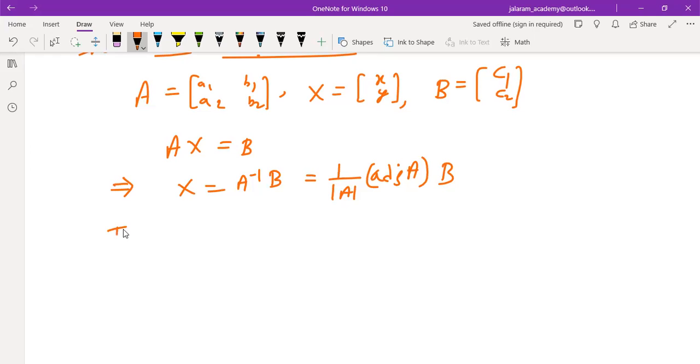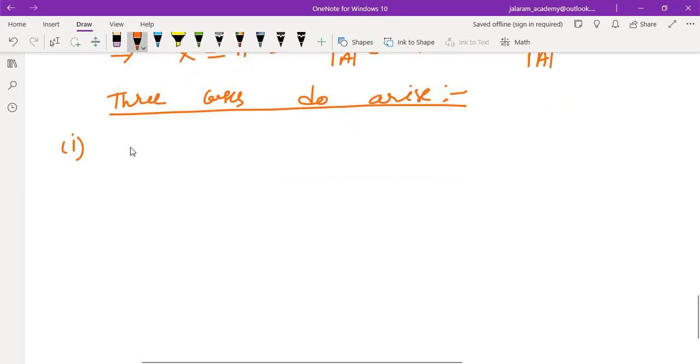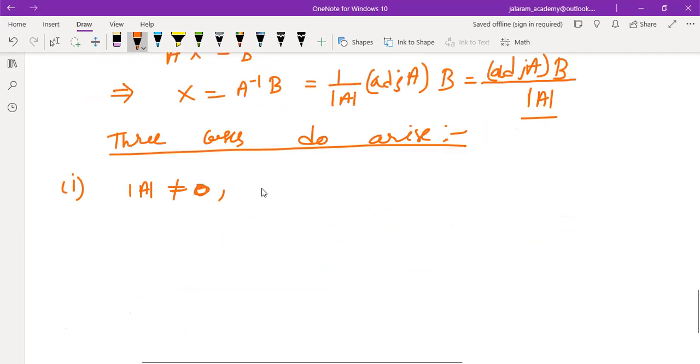So now three cases arise. The first one: it is very clear that adjoint of A is a matrix, B is also a matrix, so adjoint of A into B will also be a matrix, while determinant of A is a number. So remember always, if determinant of A is non-zero, then the system of equations will always have a unique solution.